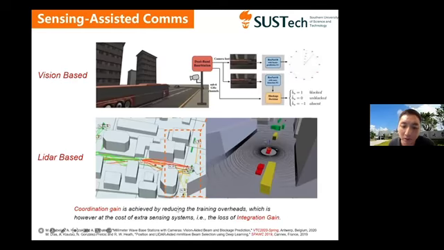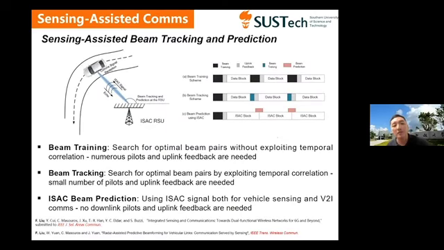And this is achieved by reducing, for example, the training overheads, which is, however, at the cost of an extra sensing system. So we are sacrificing the integration gain, okay? So how about we use the ISAC-based system to do sensing-assisted beam tracking and prediction?